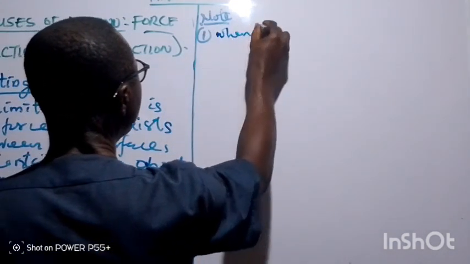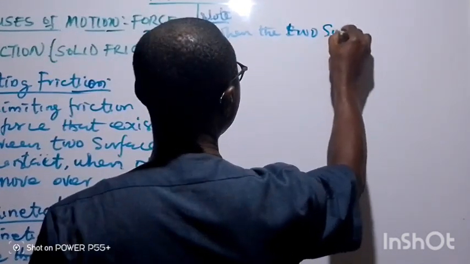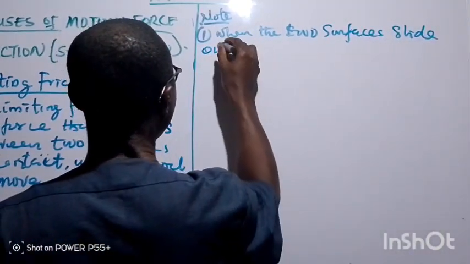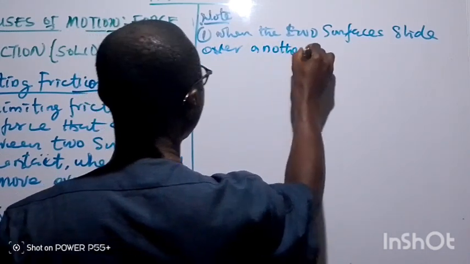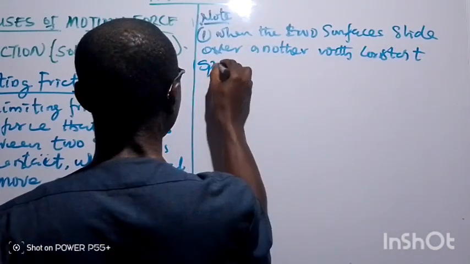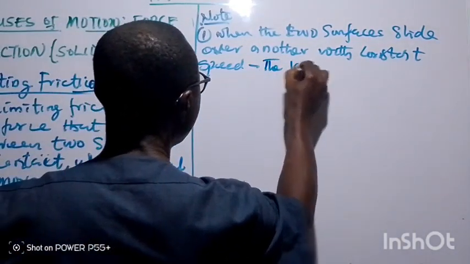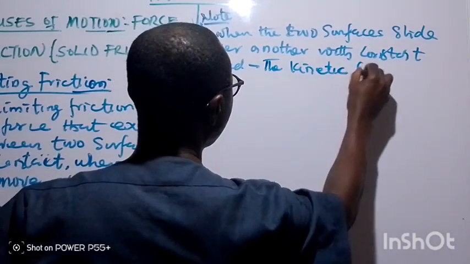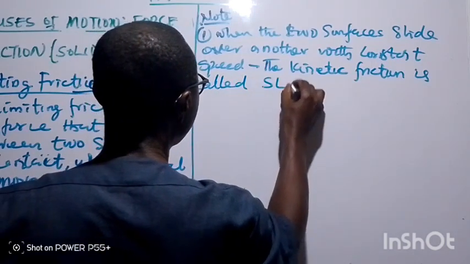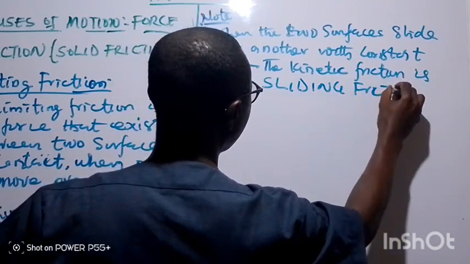When the two surfaces slide over another with constant speed, the kinetic friction is called sliding friction.